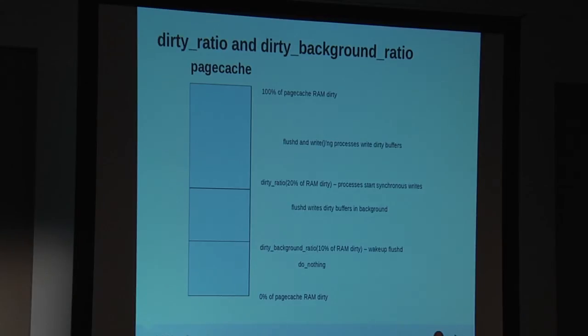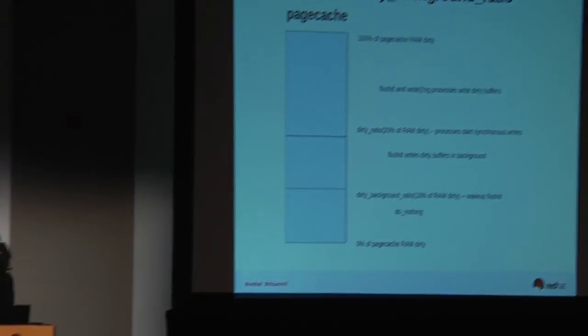We basically do nothing with respect to writing modified pages back to disk, in terms of percentages, until we get to the dirty background ratio, which is 10% by default. Then we start asynchronously flicking pages back to disk, and as we get higher and higher, we more aggressively do it, to the point where we hit the dirty ratio, we stop the processes from running and aggressively write them back to disk.